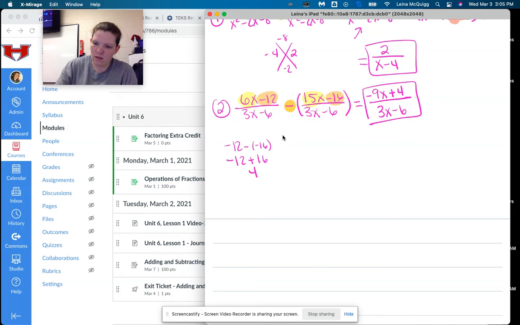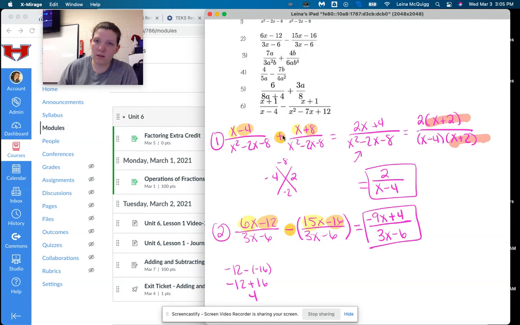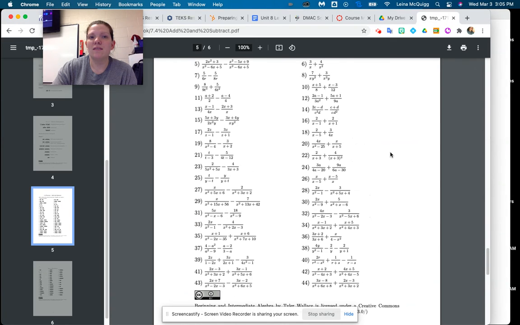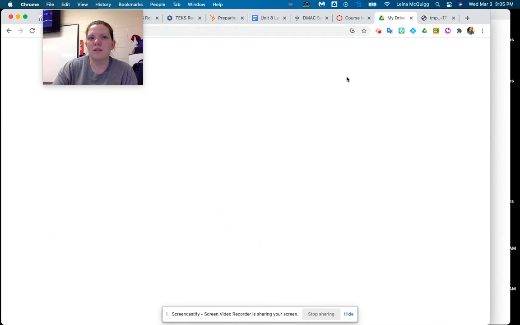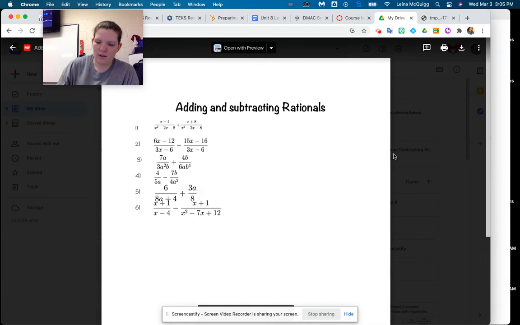All right, let me change this paper really quick. There we go. Then we have number 3. Let me open this up here. Oh, that's not the right page. Here we go.